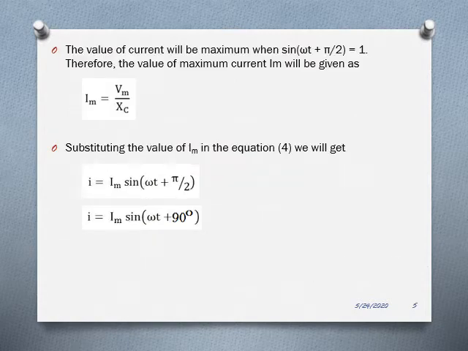The value of the current reaches its maximum when sin omega t plus pi by 2 becomes 1. Therefore, the maximum value of current Im can be written as Vm by Xc. So we get the instantaneous value of current as Im sin omega t plus pi by 2 or Im sin omega t plus 90 degree amperes.